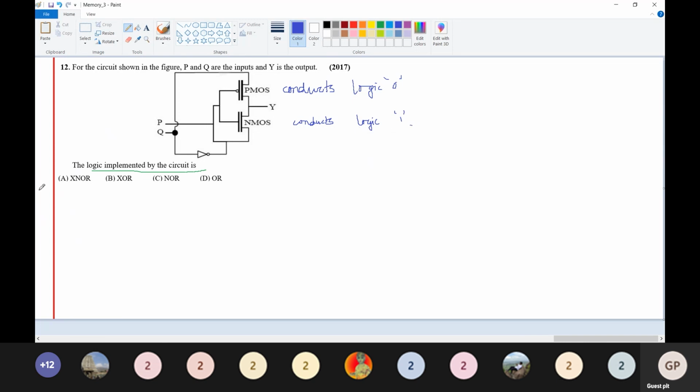So now you will see two cases. In case 1, if P is equal to 1, what will happen? We have two MOSFETs, a PMOS and an NMOS.